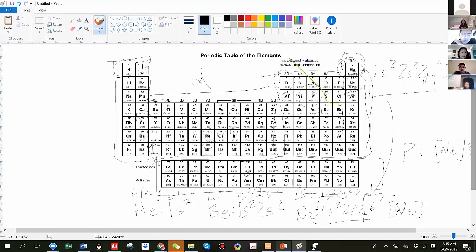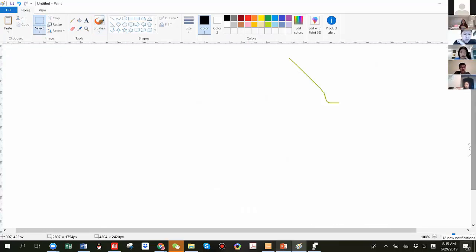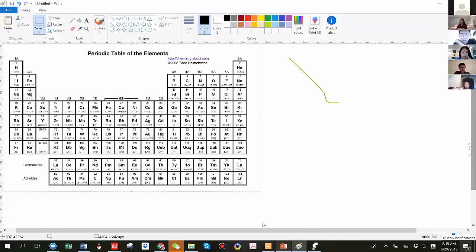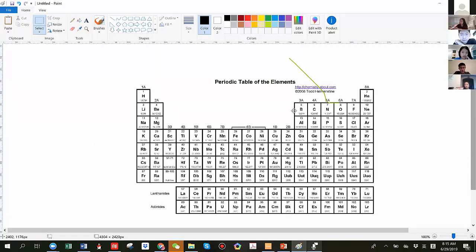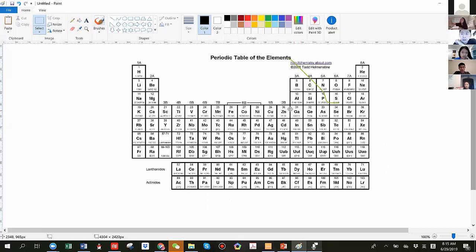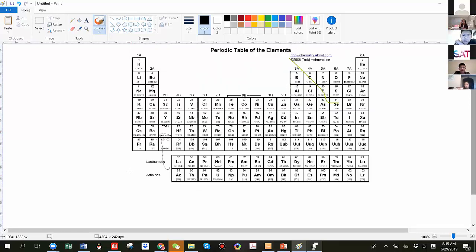Another point I want to make is that you might notice, so basically this really goes in here. So see, the f block really belongs in here. It's just that if you were to do that, the periodic table would be super long.